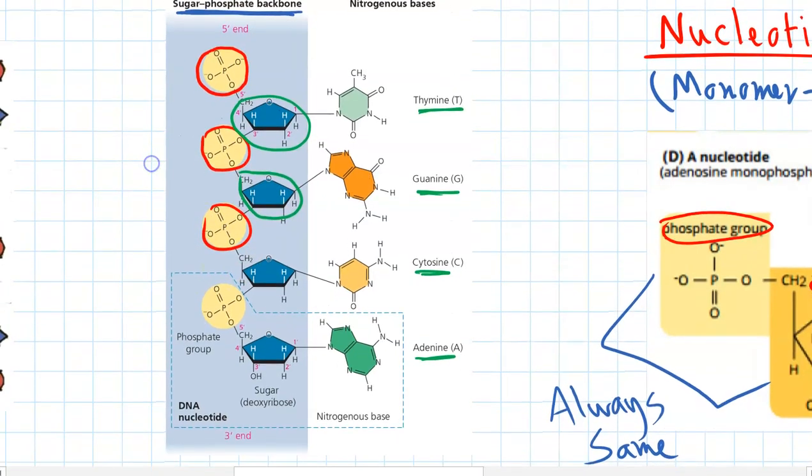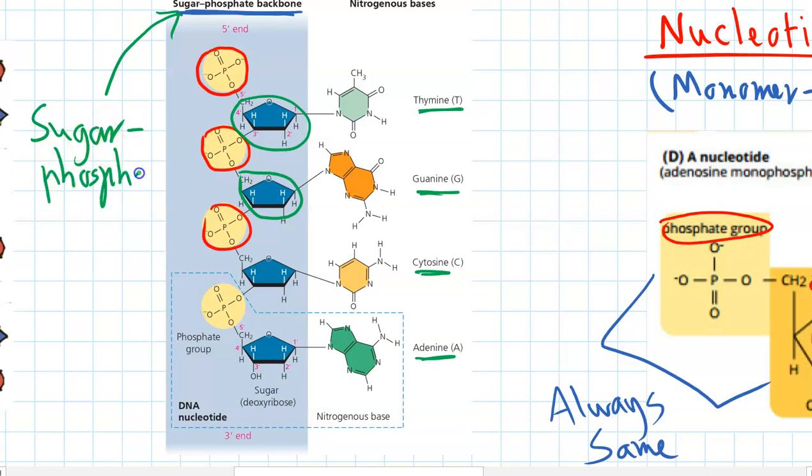So the technical name we call the backbone of DNA is the sugar phosphate backbone, because of those alternating molecules that make up the backbone. And that's this dark area here highlighted.